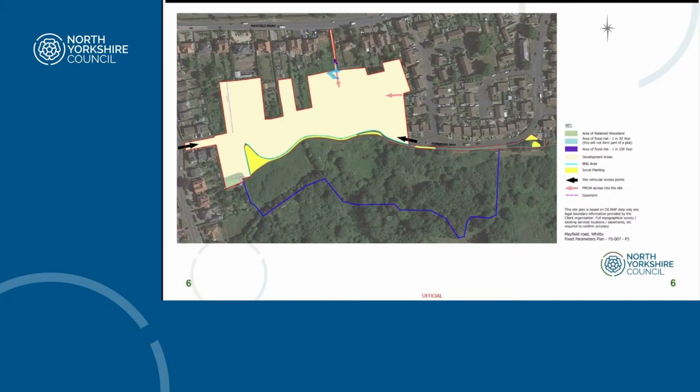The surface water high risk zone is very small in relation to the size of the site, and the parameters plan, if you decide to go with the recommendation this afternoon, clarifies that the area of surface water flooding would not form part of a dwelling or its curtilage.